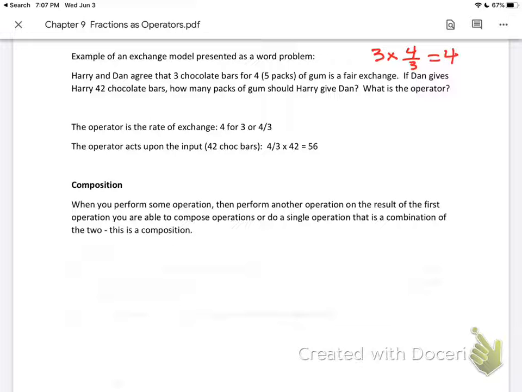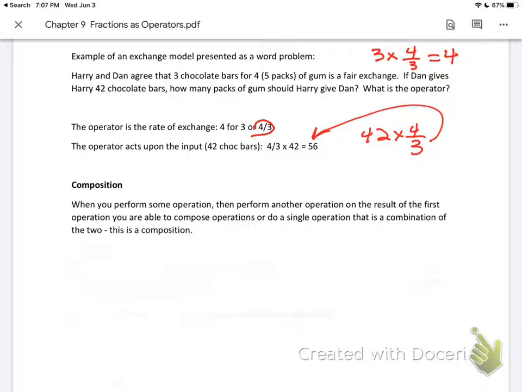So 4/3 is your operator. So if the operator acts upon the input of 42, 42 times 4/3, that's what gives me the 56. Okay, so these are pretty advanced topics, but they're doing it at a lower level so that your grade school, elementary school, middle school kids can understand this.